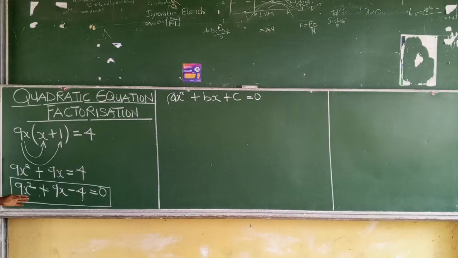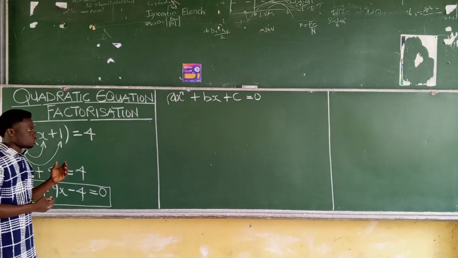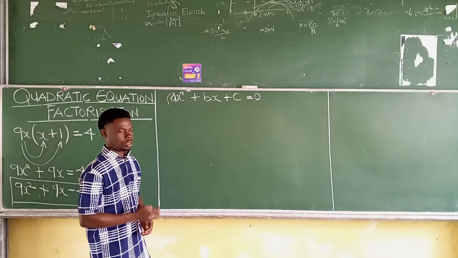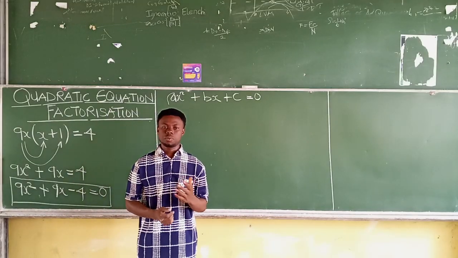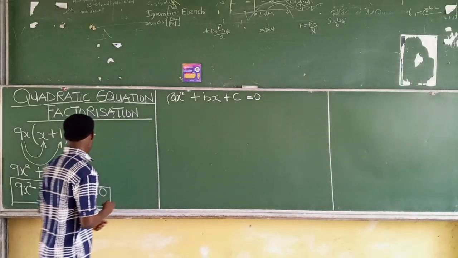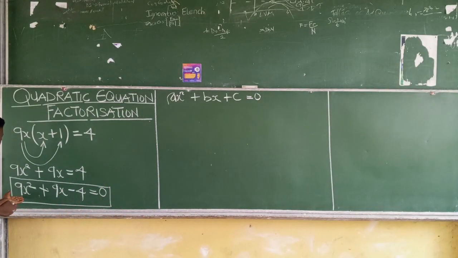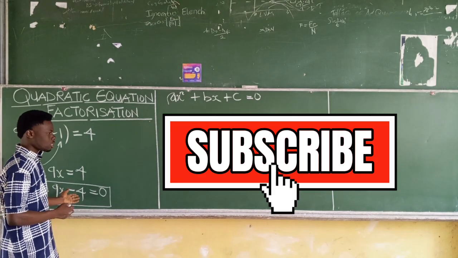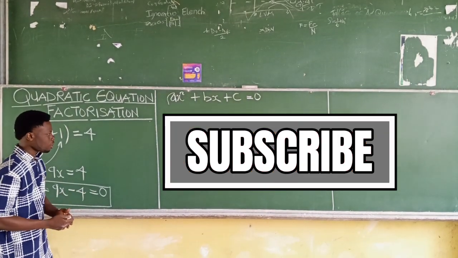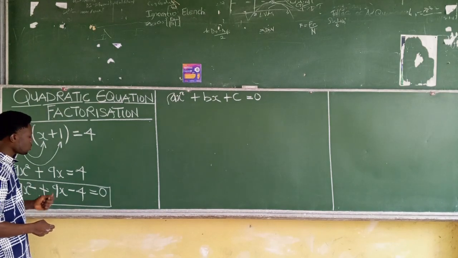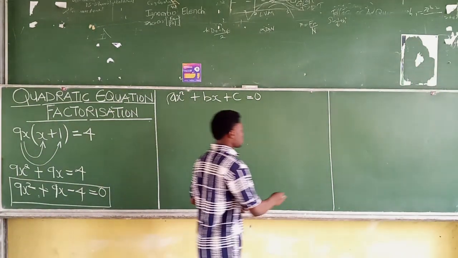So we are going to solve this using the factorization method. In the factorization method, the first step we must achieve is to obtain the product and the sum. The product is obtained by multiplying the coefficient of x² by the constant term, which is minus 4.